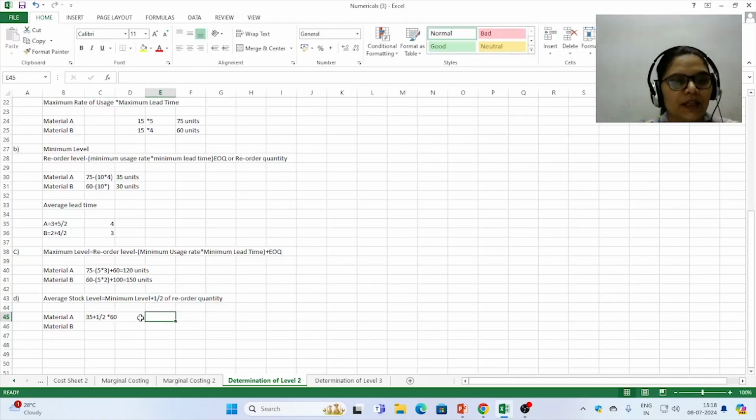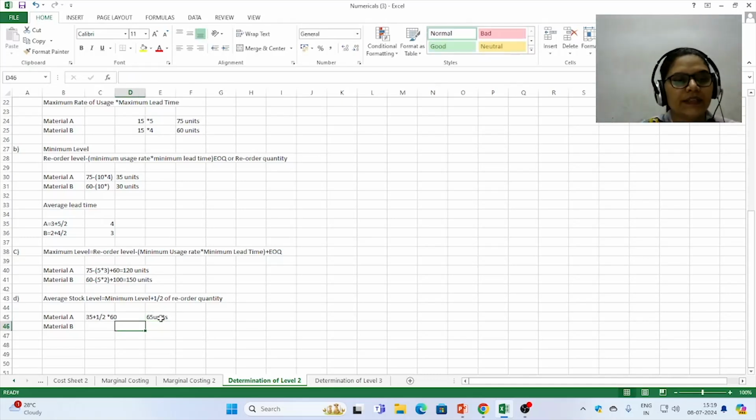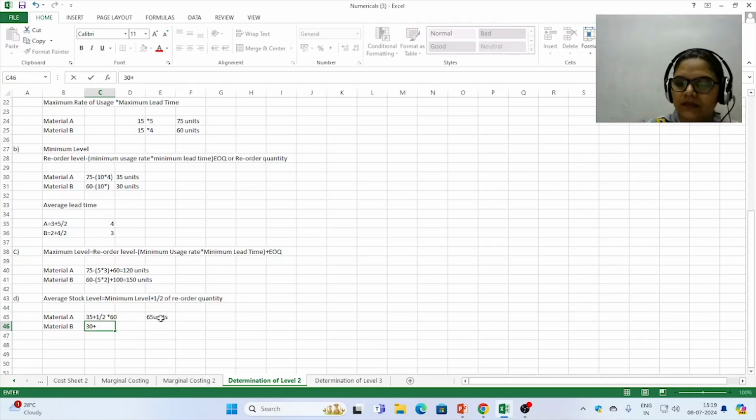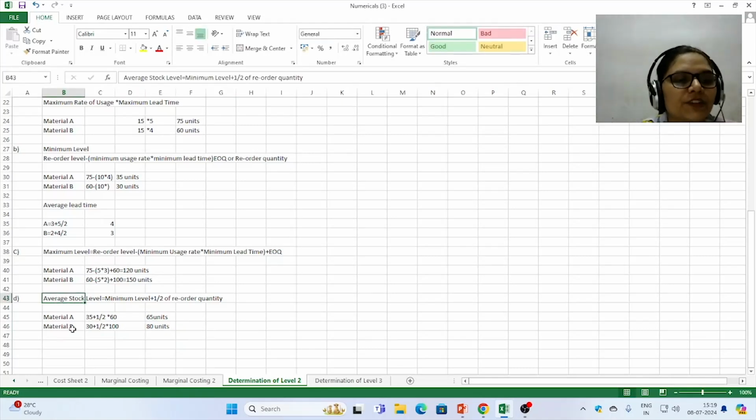It will give you the value of 65 units. Next, for material B, 30 plus half of 100, which will give you 80 units. So this is the average stock level for material A and material B.